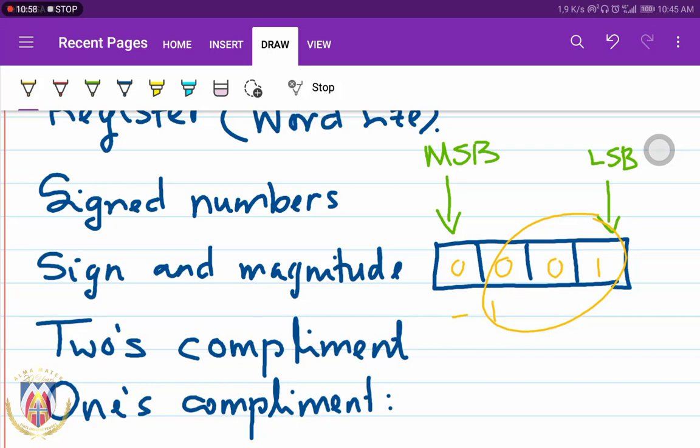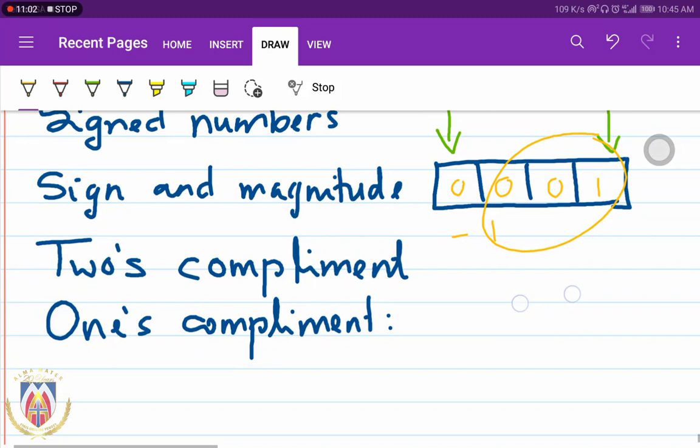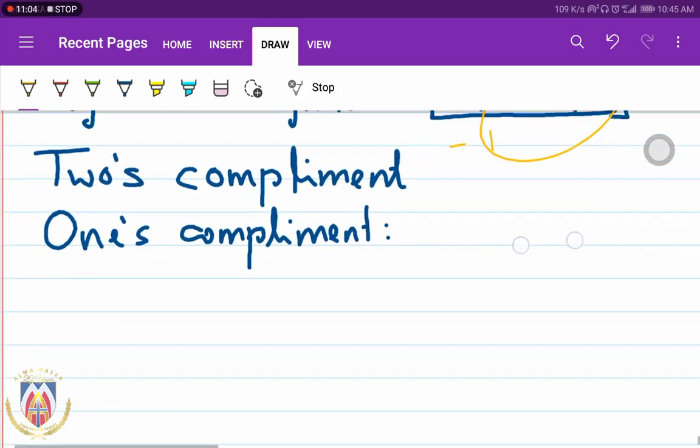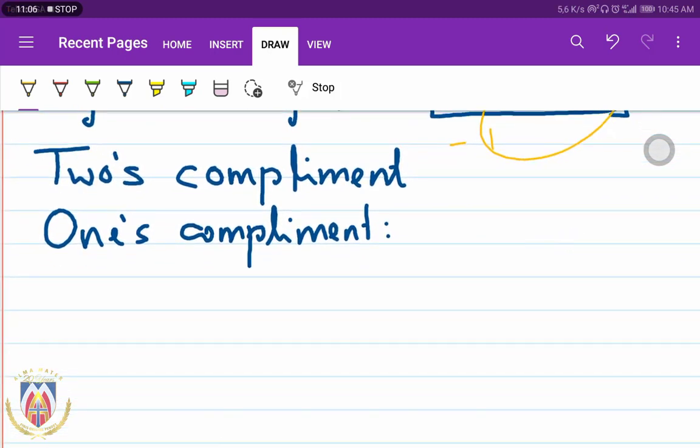All right. So the sign and magnitude, I believe that was clear. Let's go to the 2's complement. The real steps and their explanations to get to the 2's complement can be quite overwhelming if we try to explain them in detail.